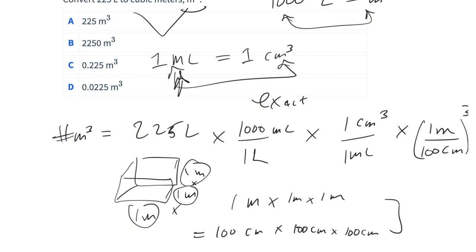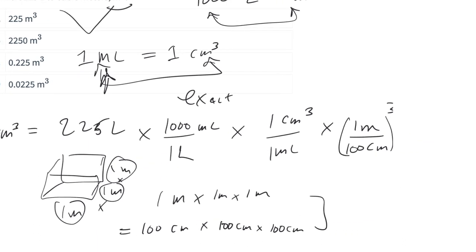So 1 cubic meter is equal to 100 centimeters cubed: cube the 100, cube the centimeters.